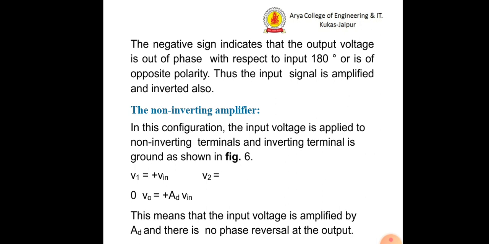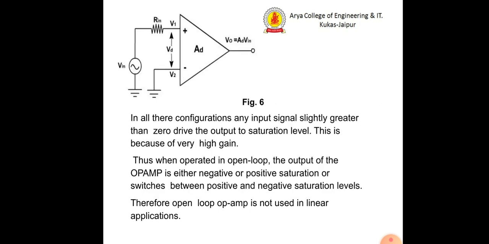This means that the input voltage is amplified by AD and there is no phase reversal at the output. This is the diagram of a non-inverting amplifier where input is applied to the non-inverting terminal, the inverting terminal is connected to ground and the output voltage equals AD times Vin.